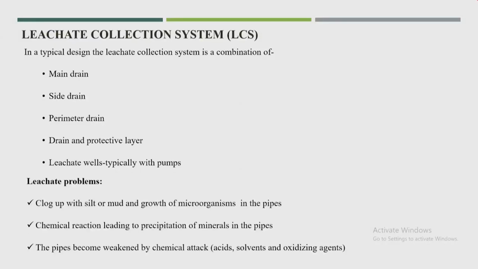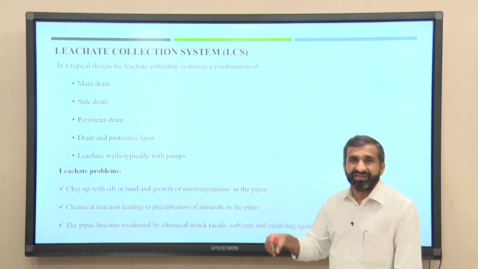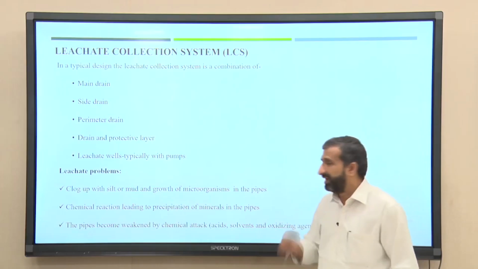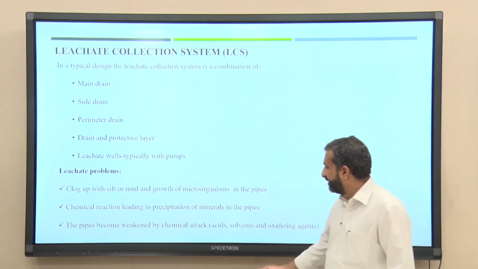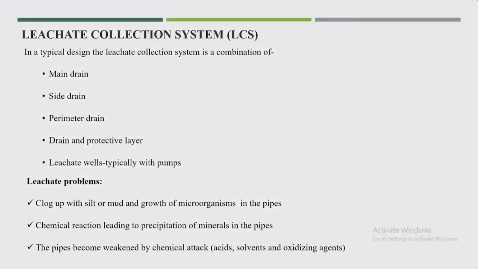And now, what could be the problems? There can be clogging with silt and mud and growth of microorganisms in the pipe, chemical reaction leading to precipitation of minerals, and pipes becoming weakened by chemical attack, and could corrode. So, these are a few issues that will come up, because once you put the drain pipes into the landfill facilities, obviously we have to inspect them from time to time.